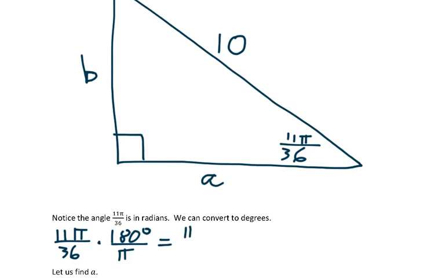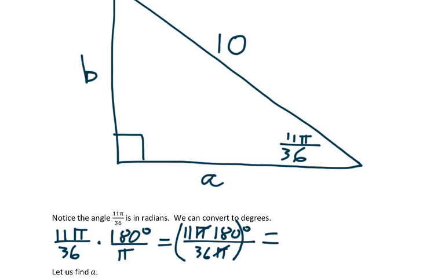So we get 11 times pi times 180 degrees all over 36 pi. Now this is all going to be in degrees now. So what ends up happening? Well, the pi's are going to cancel, and we're going to be left with 11 times 180 all over 36.